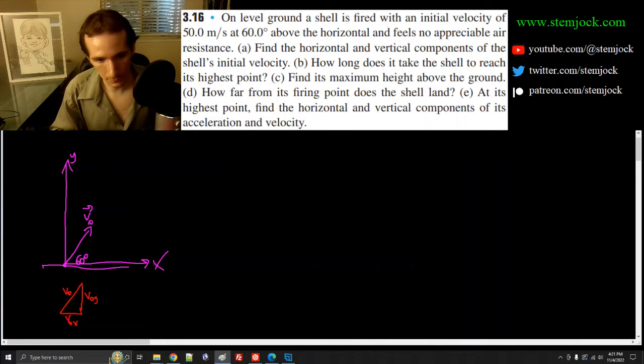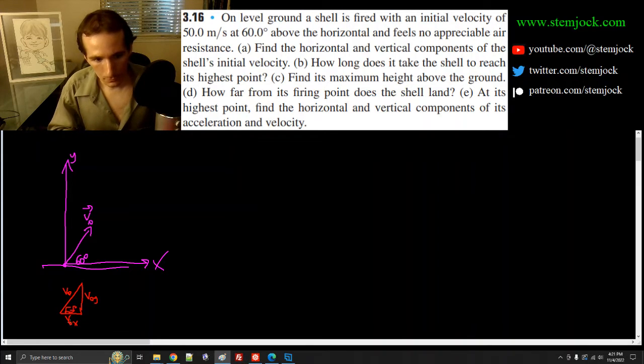It's very important to choose your coordinate system before you compute the components, because you need a coordinate system for the components to make sense. Again, this is 60 degrees.